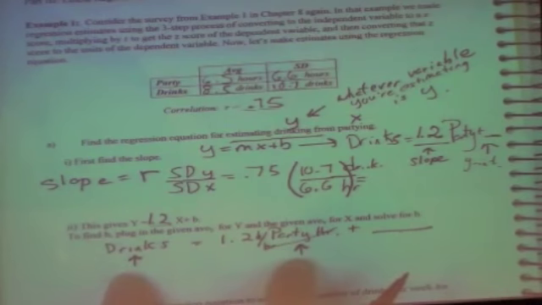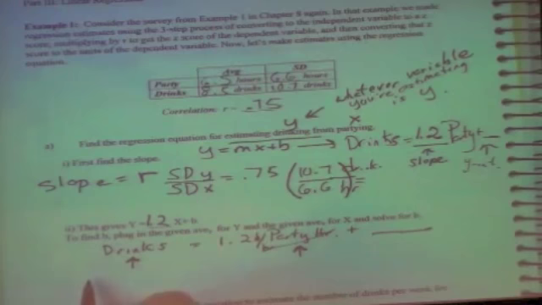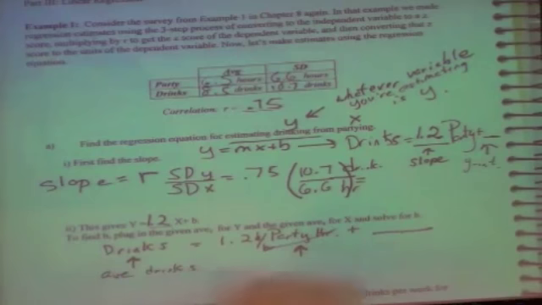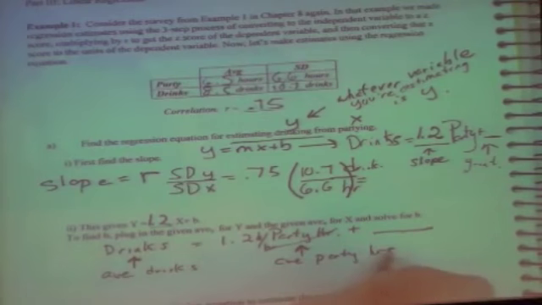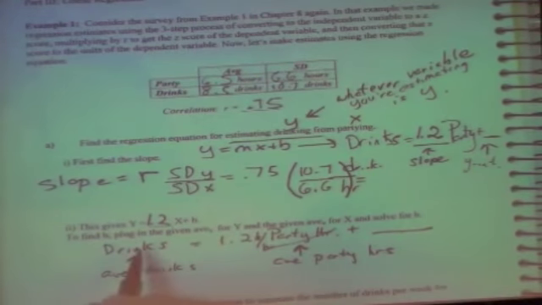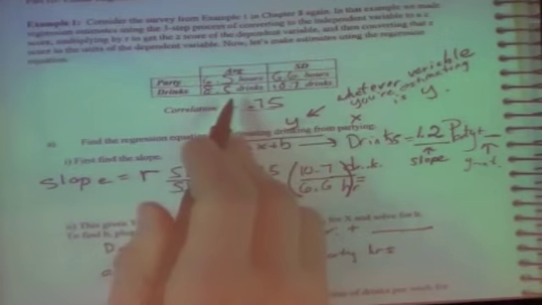Do we know any point on the line? What point always is on the line? The averages. So plug in the point of averages. So plug in the average drinks here and the average party hours here, and we'll be done. Any questions on that? So if we plug in the average drinks, what is that? Look up here, and what do you plug in?